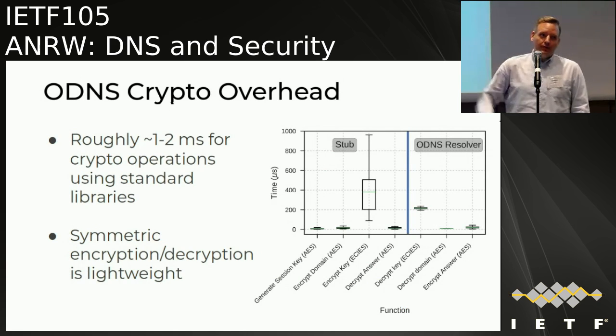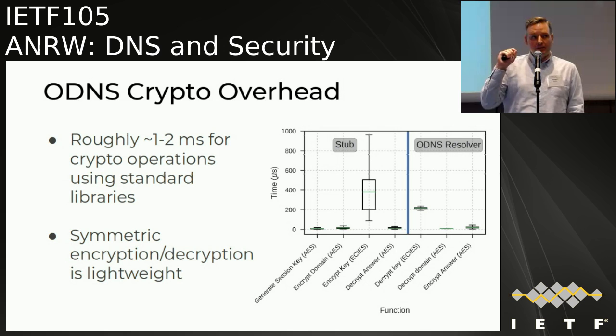Of course, we're introducing these operations, and there's going to be some overhead. So what we did was we measured this. We implemented a stub and our ODNS resolver in Go. And these tests were done on the same machine, so there's no sort of WAN latency. And what we see is, as expected, the symmetric crypto is really lightweight. You can generate your keys, you can encrypt your domains, you can decrypt the domains very, very quickly.